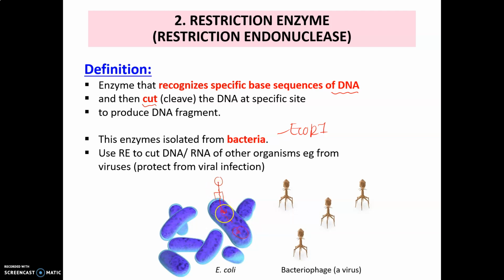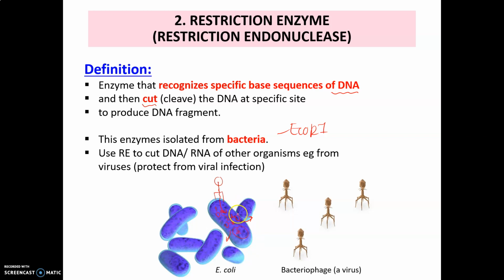Basically apa berlaku lah, bila dia masuk saja, when this bacteriophage inject dia punya DNA, dia akan menyebabkan adanya internal replication of the bacteriophage. Menyebabkan lagi banyak bacteriophage itu dihasilkan di dalam E. coli, dan after that dia akan burst out of the E. coli, menyebabkan E. coli tadi dia akan matilah. Okay, dia akan kill the cell.